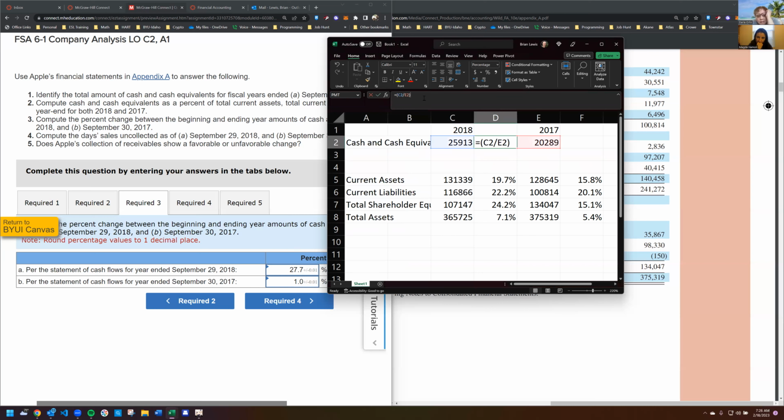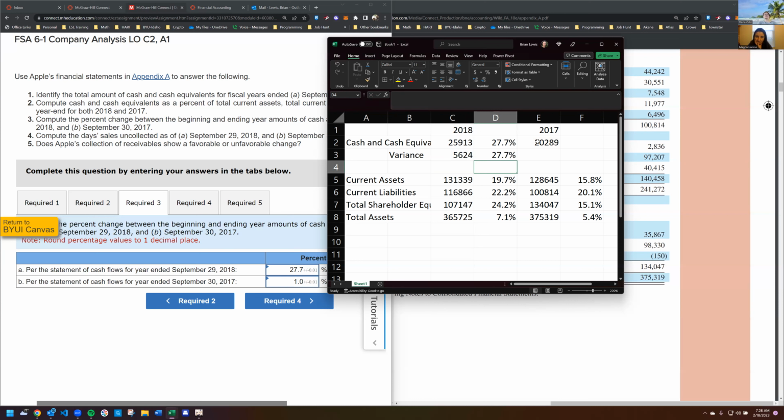Now there's another way of looking at this. If I take out the 1, this is saying, what's the variance, right? So the variance is that minus this, so that's the pure variance increase from prior year. So you could just take the variance only divided by the original number, and that'll give you the same number.